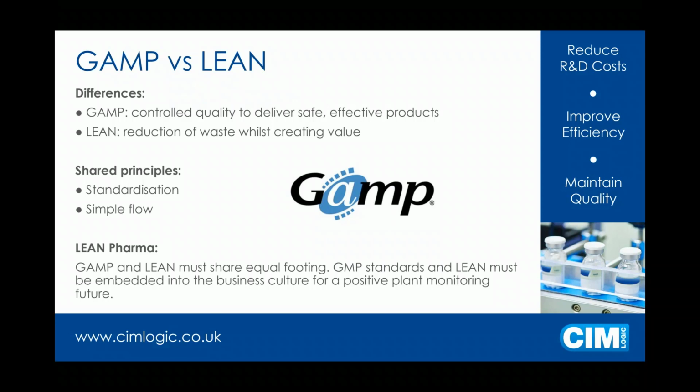So that's standardization. The next area that I'd really like to look at is simplifying the flow of manufacturing processes in pharma. In the lean concept, the most effective way of manufacturing is keeping a nice simple single piece flow with small batches so that you can be more responsive to the need of the customer.